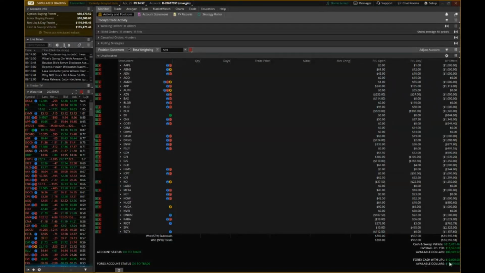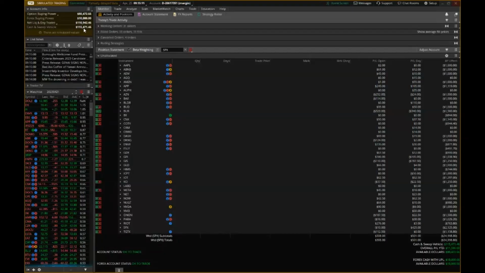Don't worry about the Forex stuff. Net liq is 110,942. Cash and sweep is 115,471. Once again, the cash and sweep is if all of my options expire worthless, which is what we want because we are net sellers.